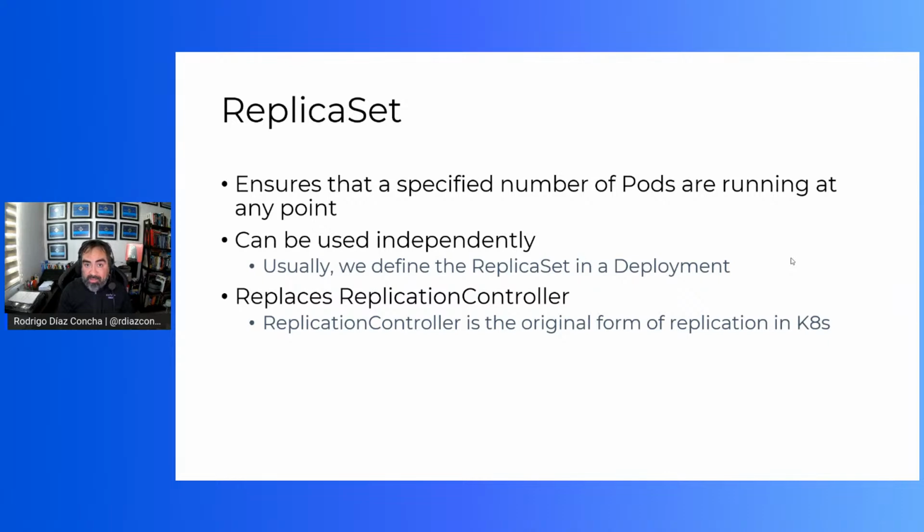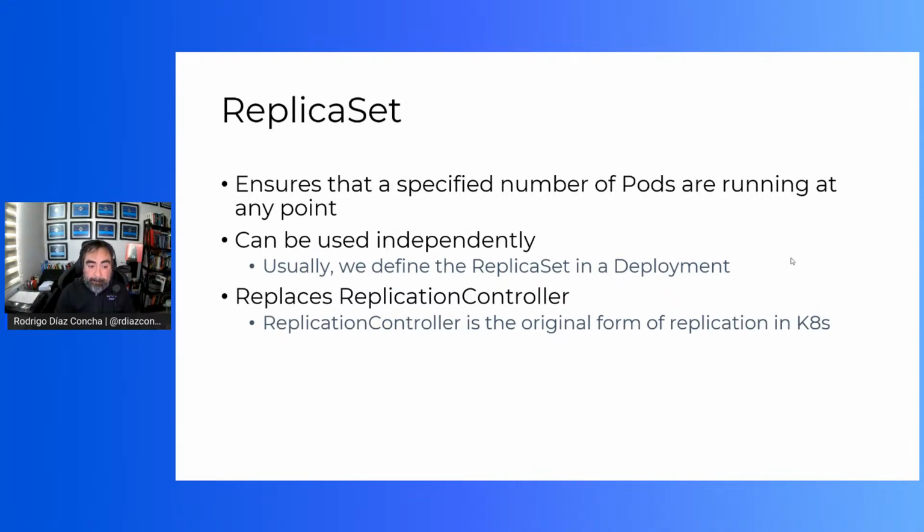That promise theory is related to the desired state of things. So you define this desired state, and Kubernetes is going to fulfill that desired state for you automatically. You don't have to do anything about that. That's actually one of the objectives and goals of Kubernetes.